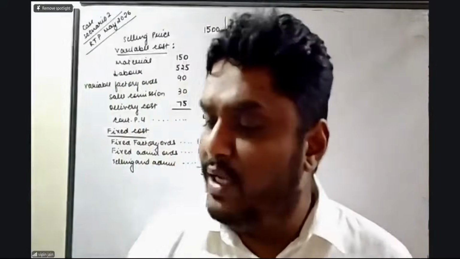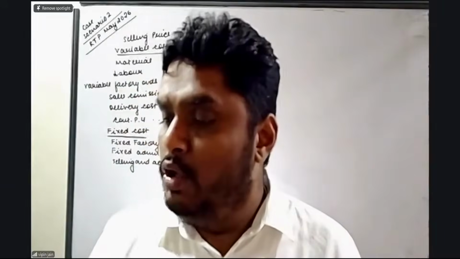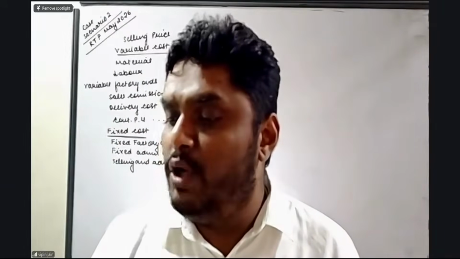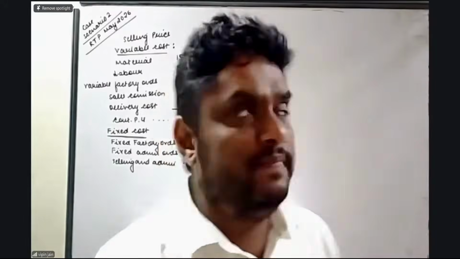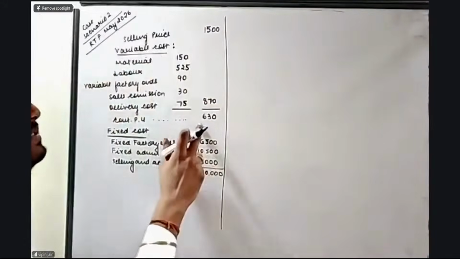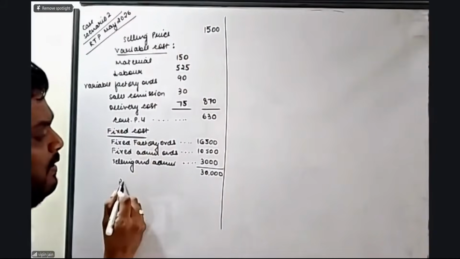Now see the first question, what they are asking is, you are required to calculate the PV ratio and break-even sales in value based on the last year accounts. So PV ratio will be how much? 630 divided by 1500.